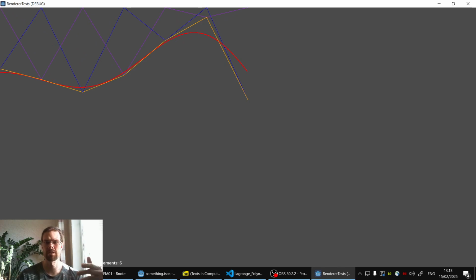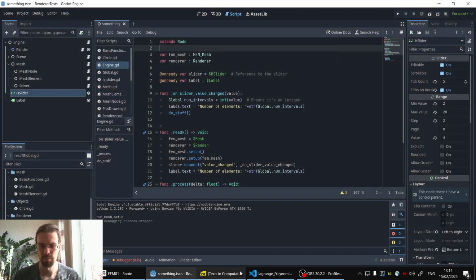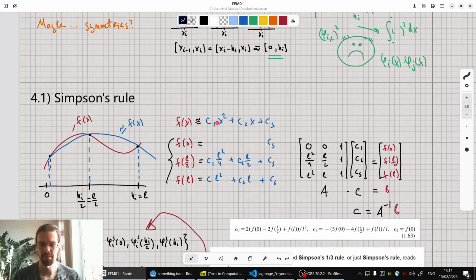It will reconstruct this matrix equation. It will grow, of course, because I have more intervals, finite elements, and that's what you can observe. It approximates better and better. So it's kind of nice. I will do something more later.